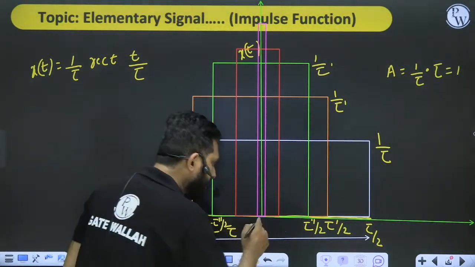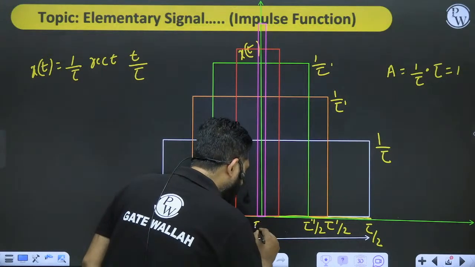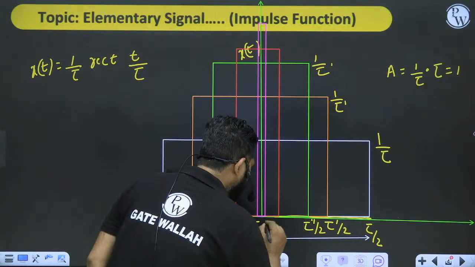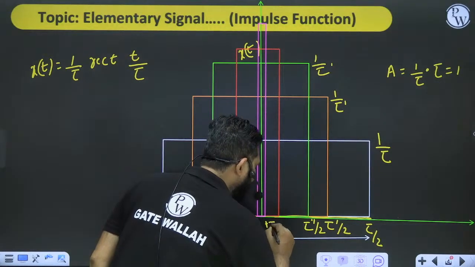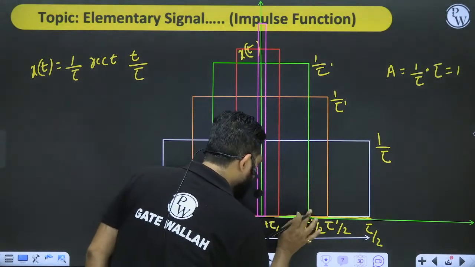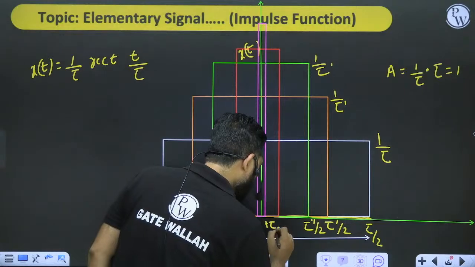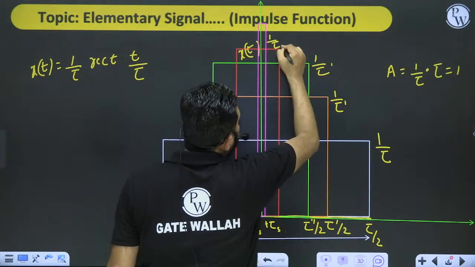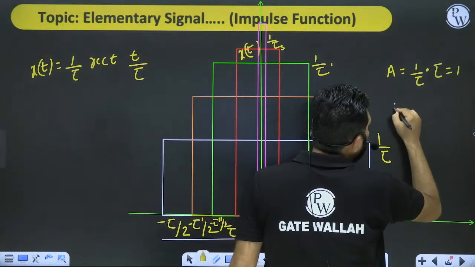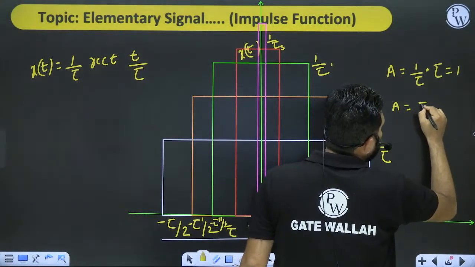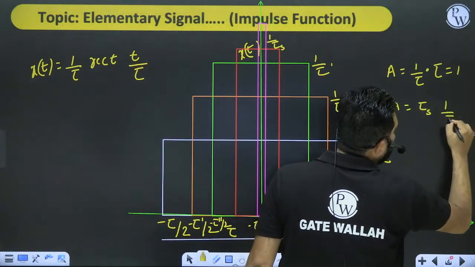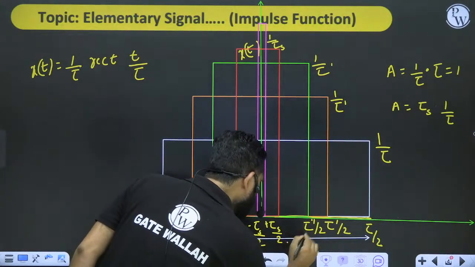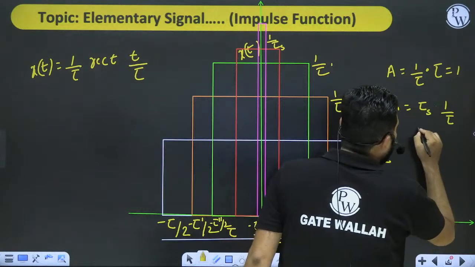Let me call this, let's say, from minus tau s by 2 to plus tau s by 2, and the height is 1 by tau s, so that the area is tau s into 1 by tau s, so that it is still 1.